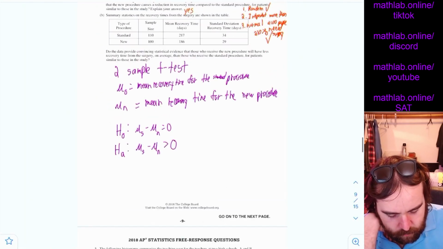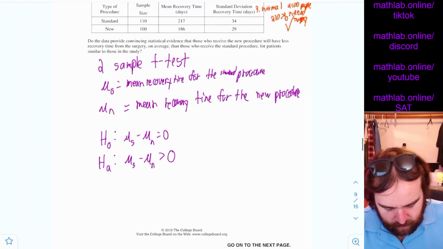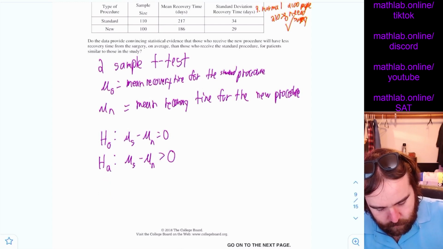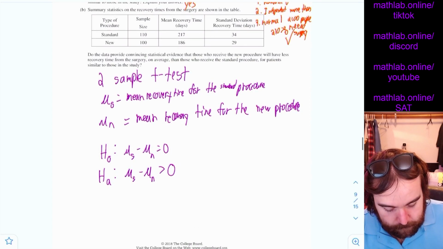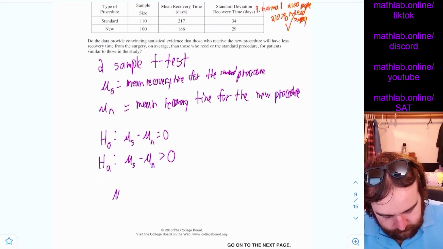So what are we going to do here then? We're going to do the mean, or mean hat, or, yeah, I just don't understand the symbols I'm supposed to use.